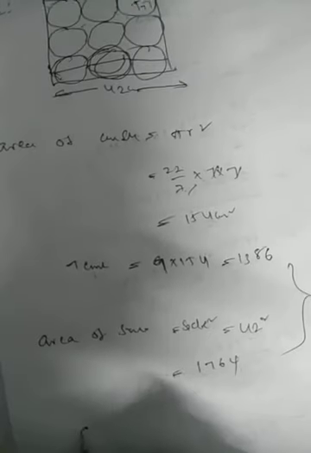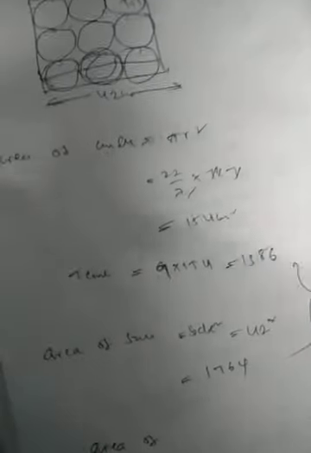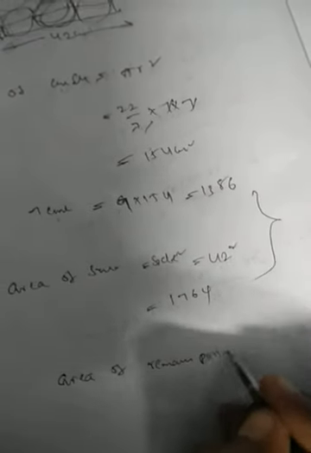Now, what did they ask there? Area of the remaining portion. The area of the remaining portion is equal to the total square area minus the 9 circles area.